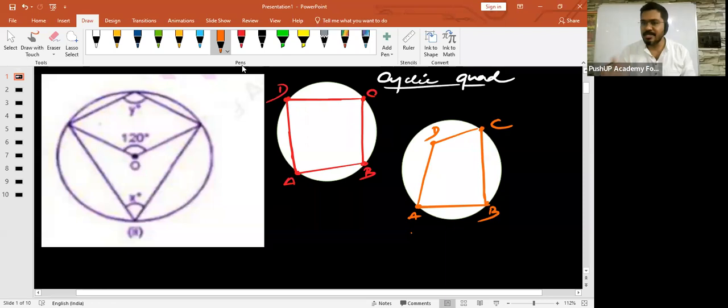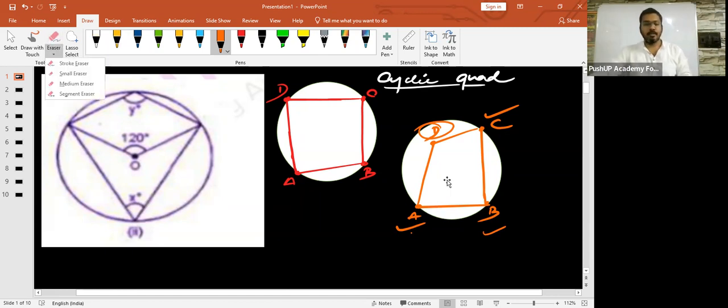No, it is not a cyclic quadrilateral because all the 4 points of the quadrilateral are not falling on the circumference of the circle. Only 3 of them are falling on the circumference of the circle. The 4th vertex, D, is not falling on the circumference. So you cannot call it a cyclic quadrilateral. It is simply a quadrilateral. All right. So this part is also clear.